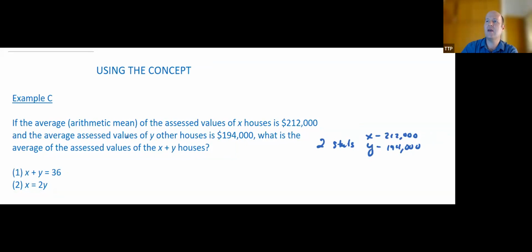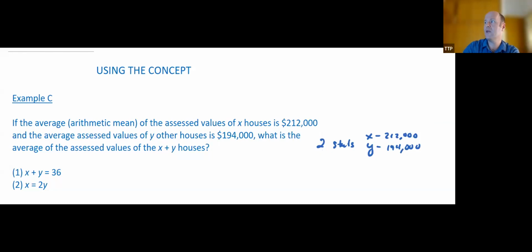And then the average of the assessed values of the X plus Y houses is asking us to find the weighted average of the two groups of houses, the X group and the Y group summed together. Now this is not a backwards weighted average question, but it's a data sufficiency question, so it's immaterial.